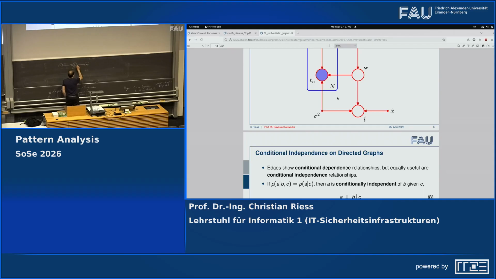And then we said this arrow is a conditional probability. So we have here the probability of B given C equals 5. So given 5 is a specific value.